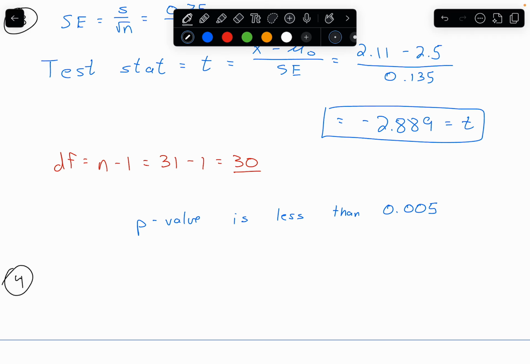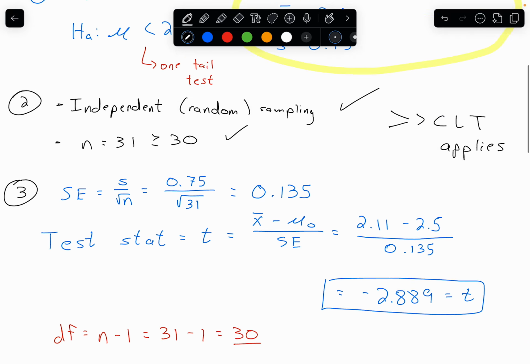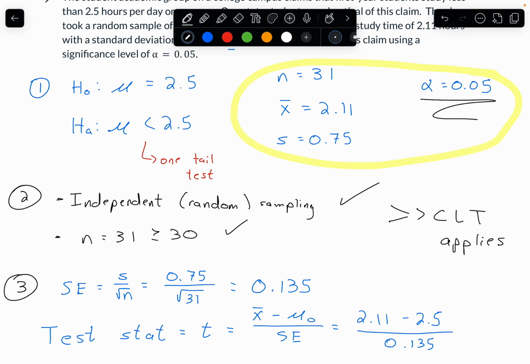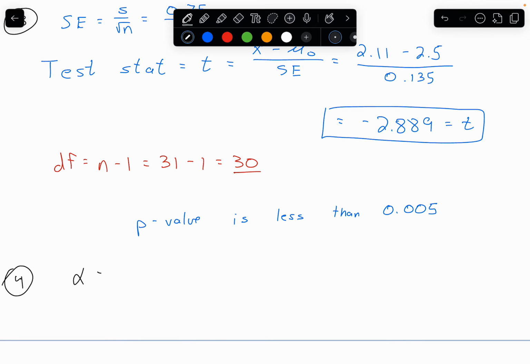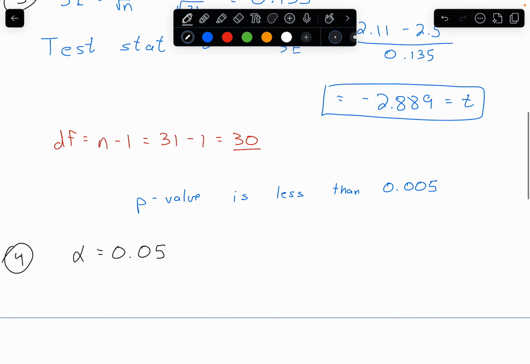At the end of my problem, we said alpha was 0.05. So comparing our p-value against alpha, I know that my p-value is less than 0.005, which means it's less than alpha, which is 0.05.